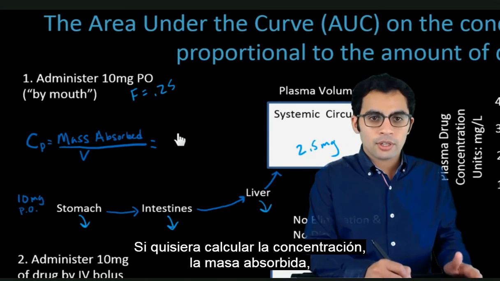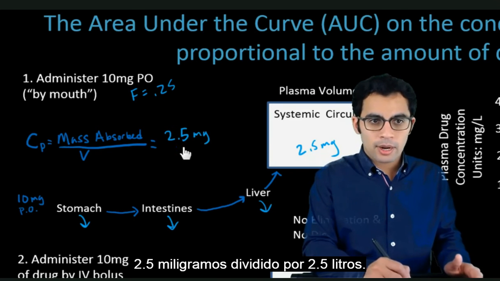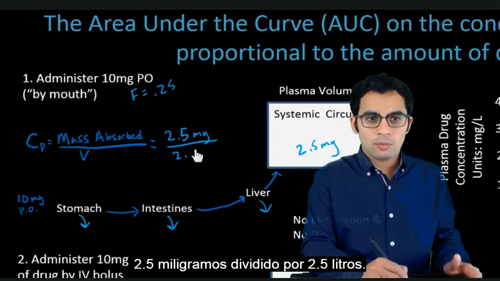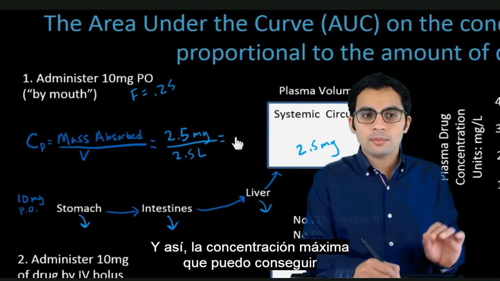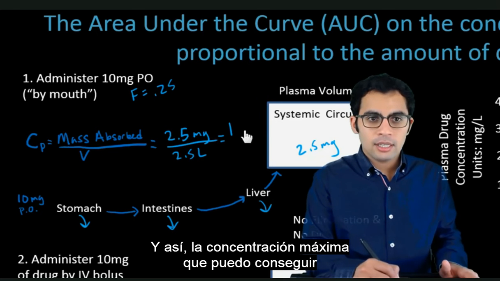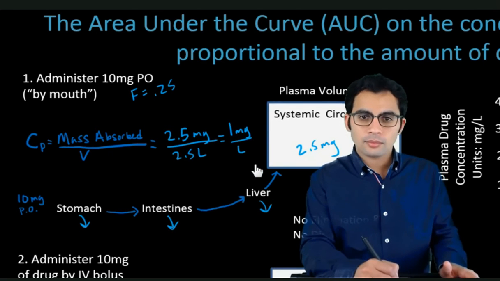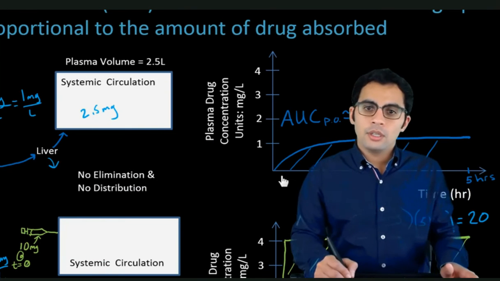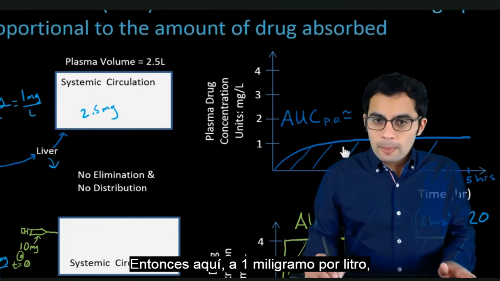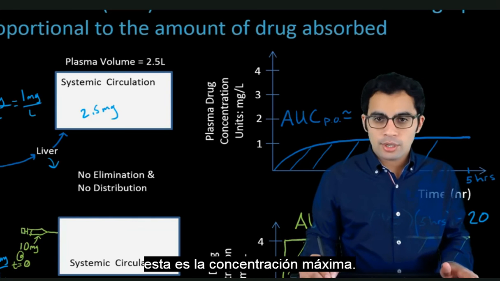So if I was going to solve for the concentration, the mass absorbed, 2.5 milligrams divided by 2.5 liters, and thus the maximum concentration I can get is 1 milligram per liter. So let's take this over to my graph. Here at 1 milligram per liter, this is the maximum concentration.